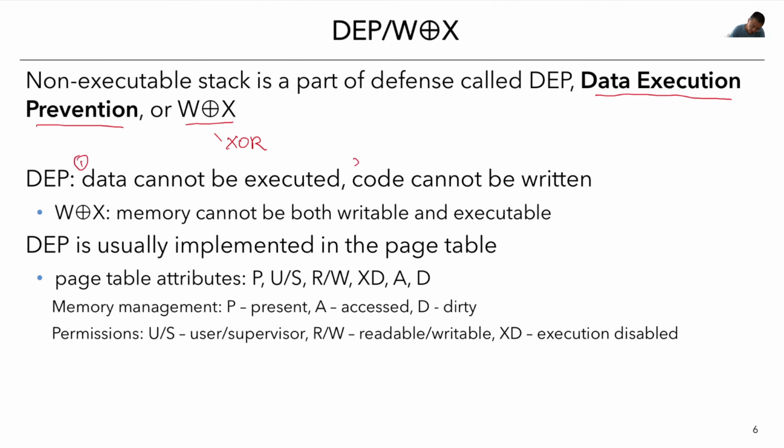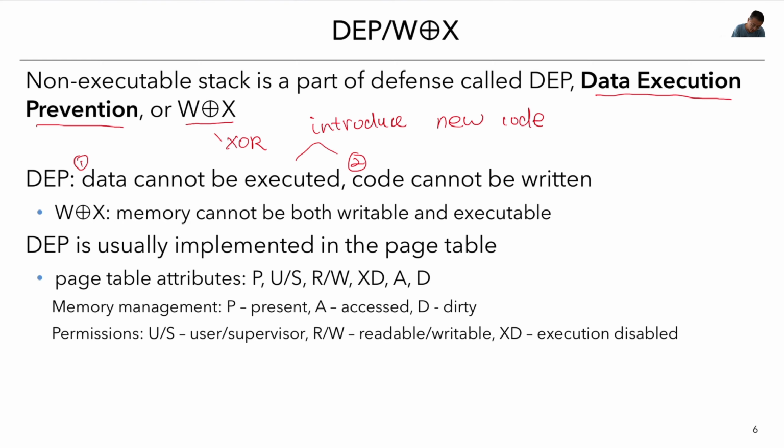Second, code cannot be written. Those are the two ways to introduce new code into the process address space. So the DEP can prevent the introduction of new code or the shell code into the victim process.